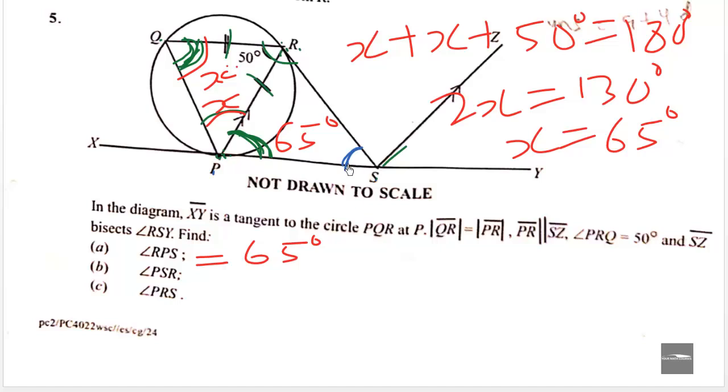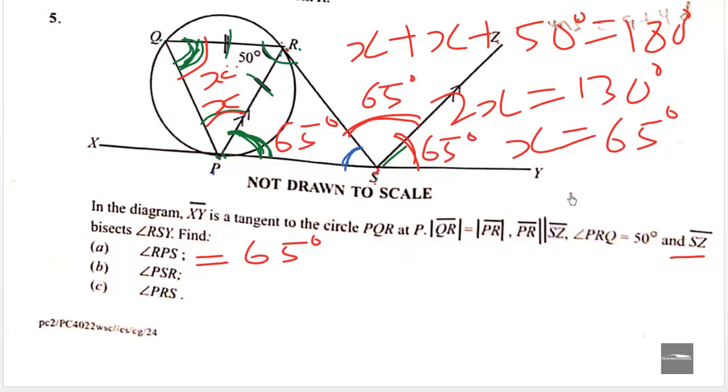So remember that the angle here will also be 65 degrees because this line SZ is parallel to PR. So if that is the case, this angle will also be 65 because the line segment SZ bisects angle RSY. So this angle is equal to this angle.